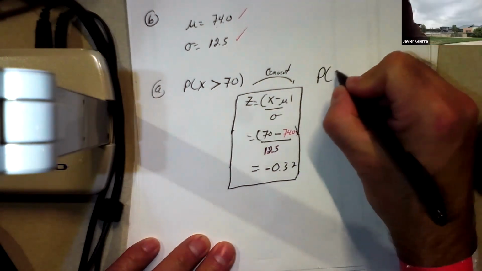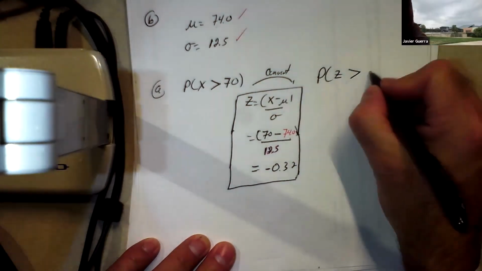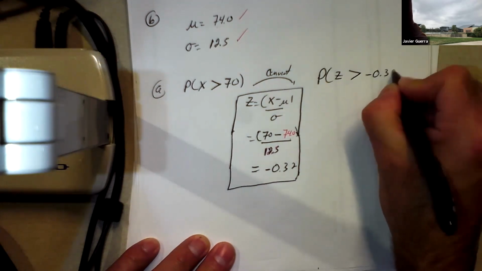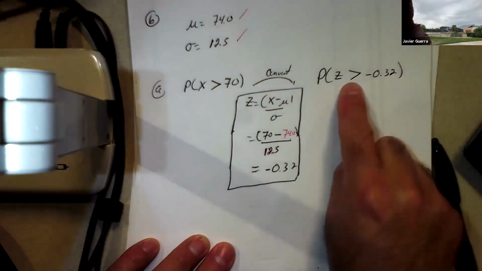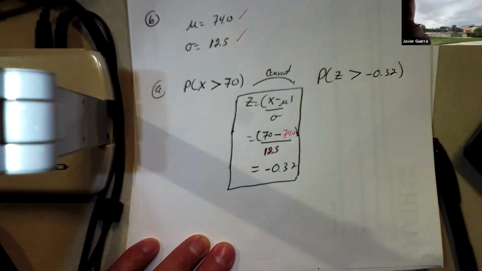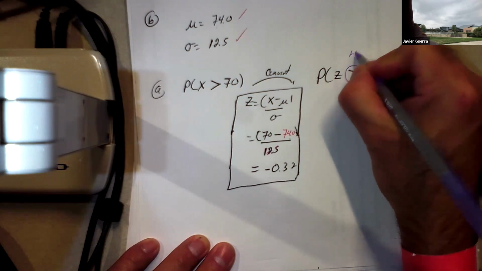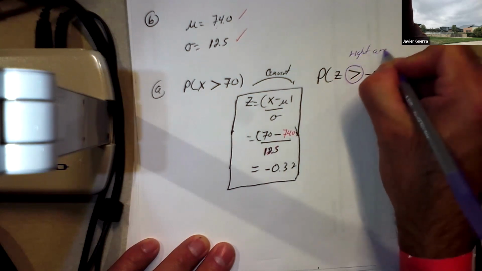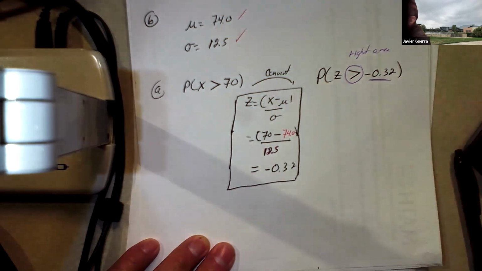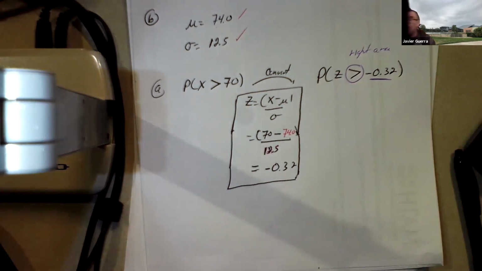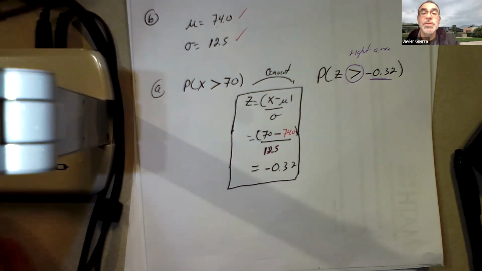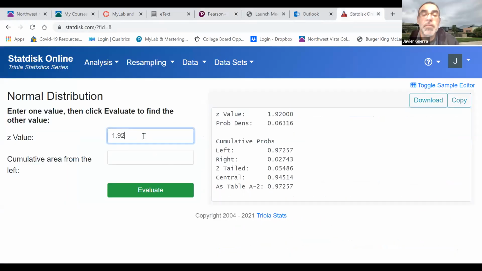Now we're going to do the probability of z greater than negative 0.32. This time it's greater than, so I have to look at the right area. Put that number in to stat this, and you want the right area, not the wrong one.